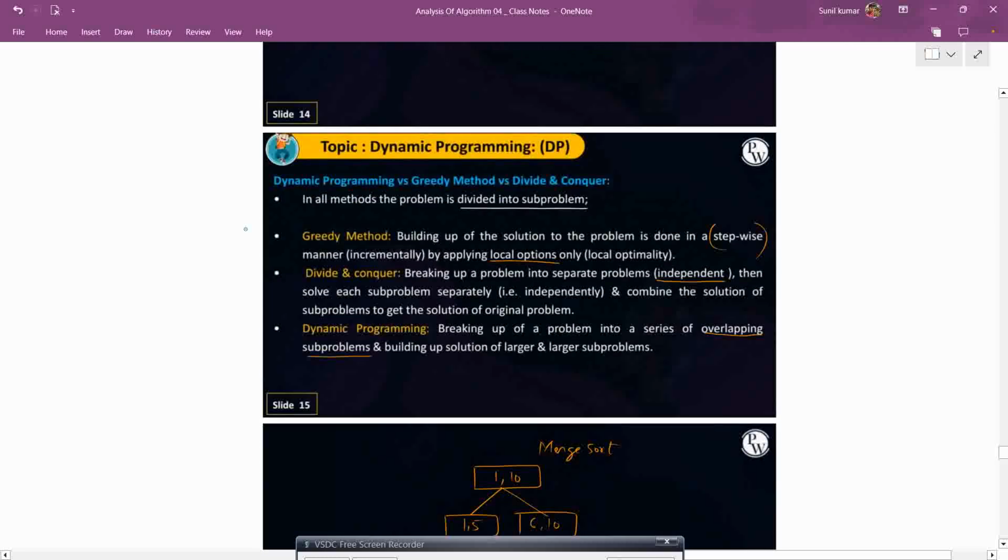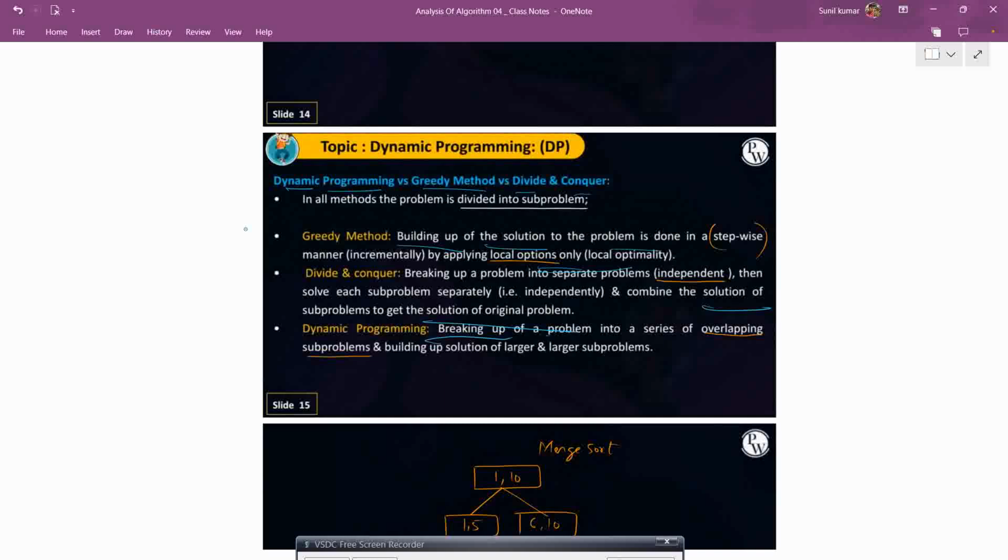So here we are comparing dynamic programming versus greedy, and divide and conquer. In the greedy method, the solution is built up step by step, applying local optimality, so we see local options only. In divide and conquer, we break the problem into separate subproblems, solve each separately, and combine their solutions to get the solution of the problem.